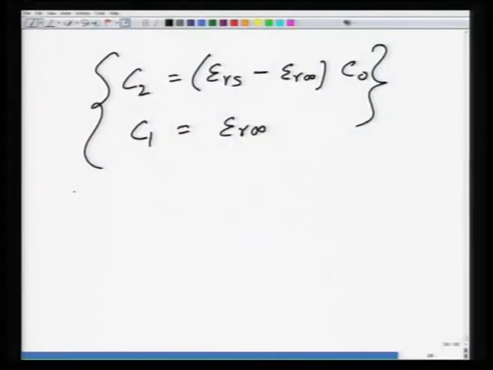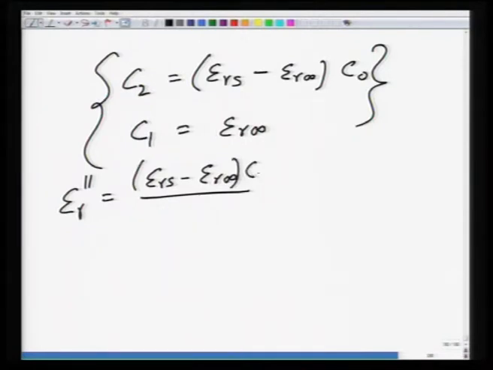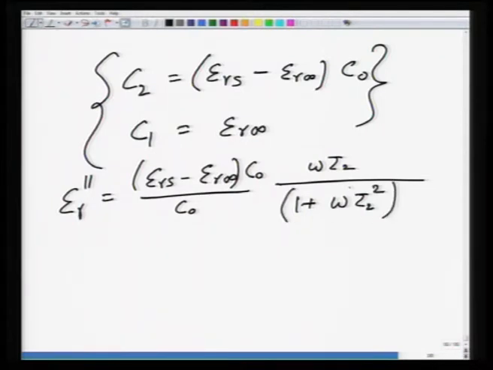Basically, if you rewrite these, epsilon r double prime is equal to epsilon rs minus epsilon r infinity divided by C naught, multiplied by C naught into omega tau 2 divided by 1 plus omega square tau 2 square, and the C naught cancel each other.